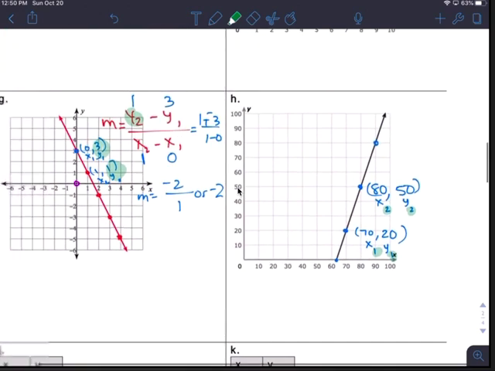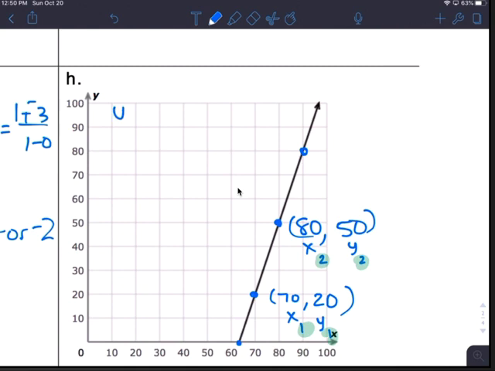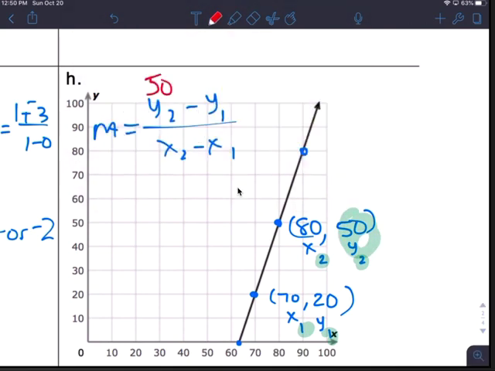Okay. I'm going to do the work on a graph. So rate of change is Y sub 2 minus Y sub 1 over X sub 2 minus X sub 1. Y sub 2 is 50. Y sub 1 is 20. So 50 minus 20 is 30.